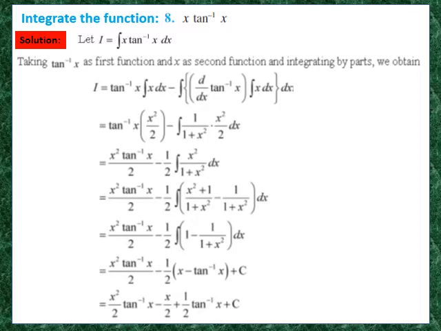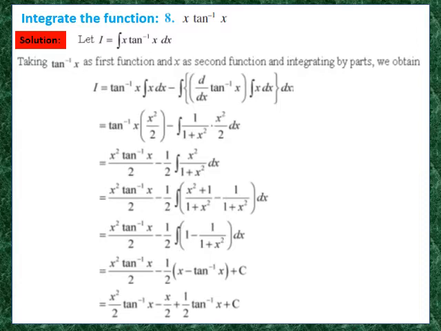So the integral of x is x square upon 2 and the differentiation of tan inverse x is 1 upon 1 plus x square. So again we are getting the integral of x square upon 1 plus x square. So x square tan inverse x upon 2 minus half integral x square upon 1 plus x square, we have split it.